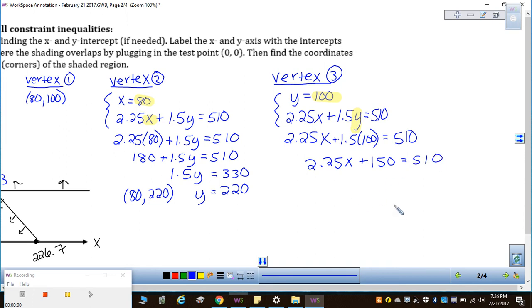We'll go ahead and subtract 150 from both sides to get 360, and then divide by 225, to get our x coordinate of 160. All right, so our final vertex point, the x coordinate is 160. We already know the y value up there is 100.